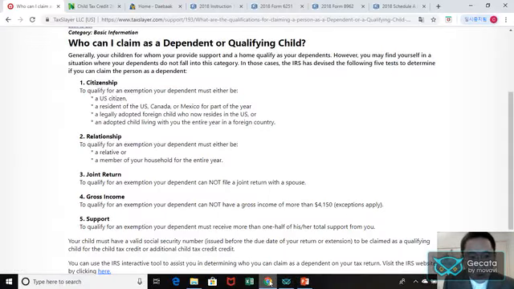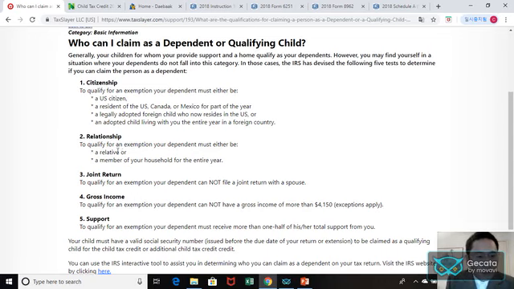In order for them to qualify as your dependent, they must meet these five conditions. In order to qualify for an exemption, your dependent must either be a citizen, a resident of the U.S., a legally adopted foreign child, or an adopted child living with you.